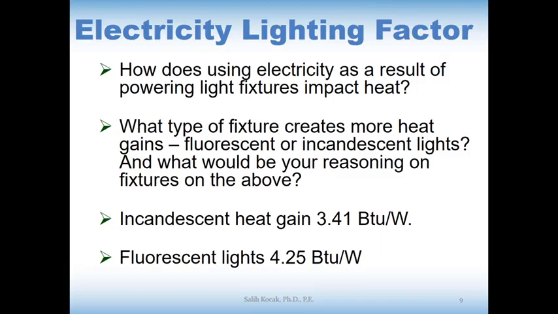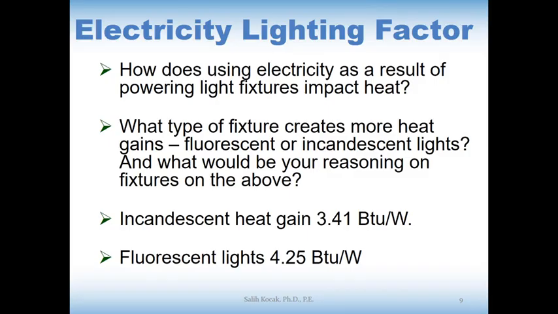So which one is providing more heat per watt? It is the fluorescent lights, because of the larger quantities of heat given off by the ballast in a fluorescent light.